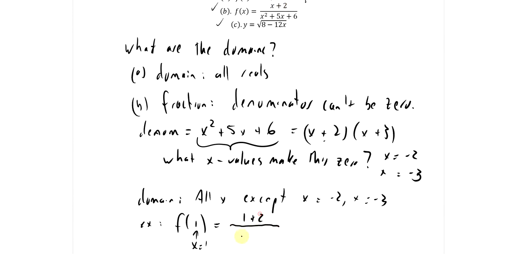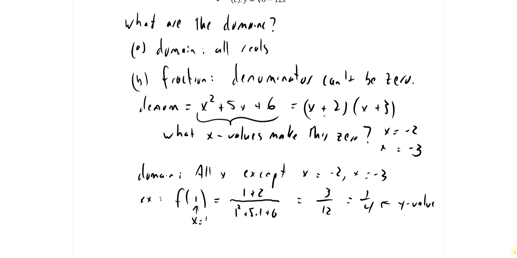You get 1 plus 2 over 1 squared plus 5 times 1 plus 6. Right? And what's that equal to? 3 over 11, 12, 1/4. Right? And that is a y value. So if x is 1, then y is 1/4. Plugging in x equals 1, you don't run into any problems.